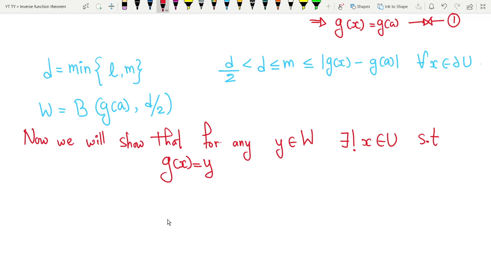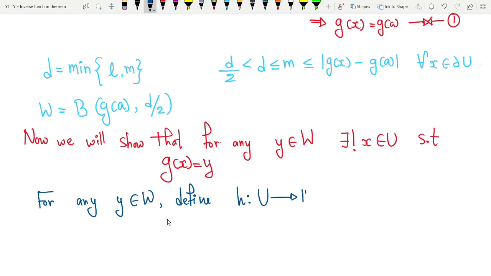So what I do, for any x, right? So I consider any y inside W, so I am considering any random y. For this I will define a map, define small h, a new map. I am defining small h as a map from this U to the real numbers, as this h will take any point in U to the norm of y minus g(x) squared.